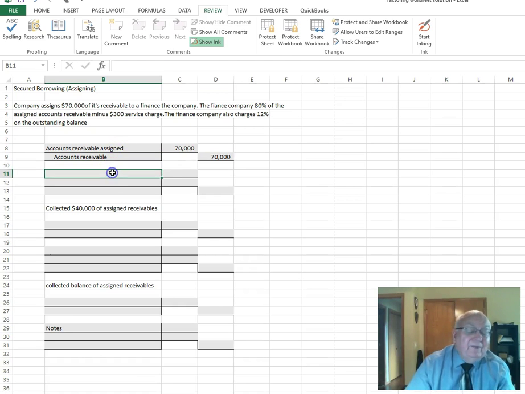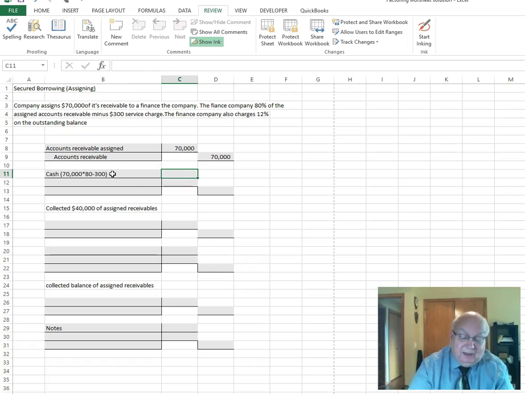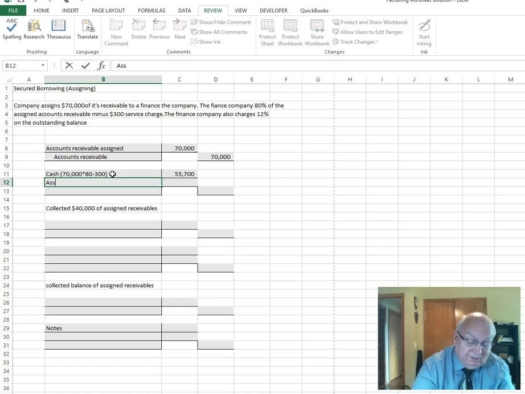Okay. Now for the amount of cash we're collecting. This is from the finance company. So we're putting up $70,000, and we receive 80% of it minus the $300 service fee. So we'll have equal, again, 70,000 times 0.8 minus 300. So we're going to receive $55,700.